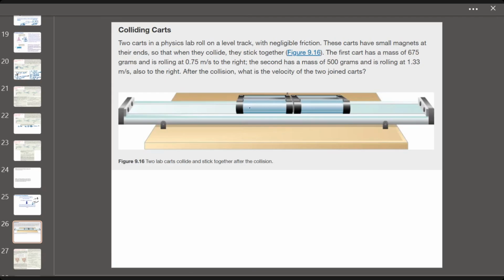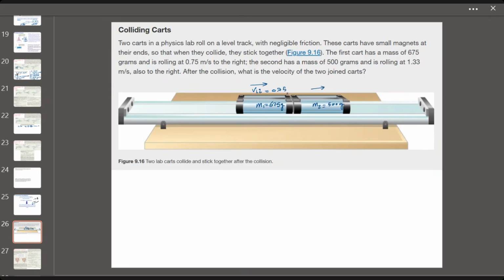Let's say this is our first cart, M1, and it was coming with V1 initial equal to 0.75, and its mass is 675 grams. M2 is 500 grams and is rolling at 1.33 meters per second, also to the right. So M2 was moving to the right as well. Which means this should be M2.